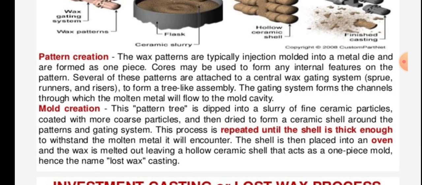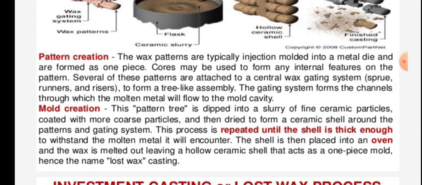Pattern creation. The wax patterns are typically injection molded into a metal die and are formed as one piece. Cores may be used to form any internal features on the pattern.